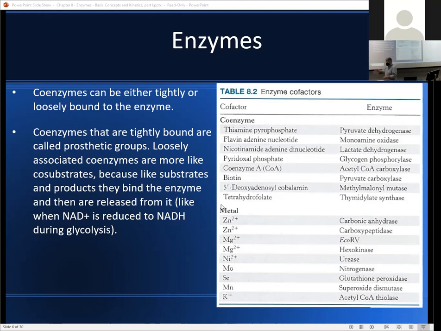So again, it acts very much like a co-substrate. We'll have NAD in its oxidized form, and during glycolysis, it'll be reduced to NADH. And then, of course, the NADH is going to go to the electron transport chain to give up its electrons to make more ATP by oxidative phosphorylation.